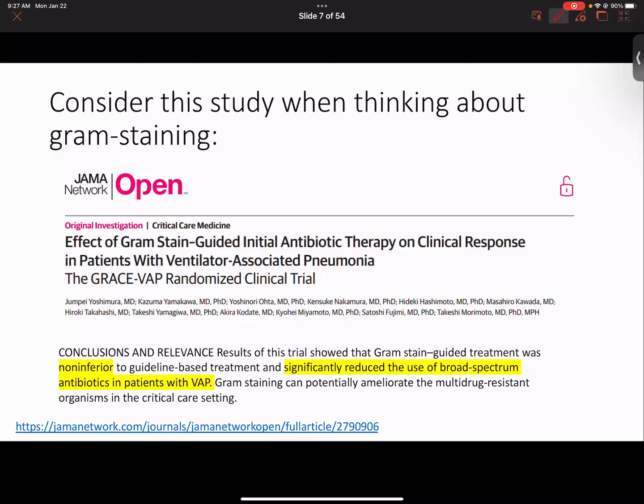I want you to think about one other concept when we look at a paper like this. Gosh, I'll tell you, if you don't have to use a drug like vancomycin in somebody, that's great. We don't want to give people vancomycin if we don't have to. If we don't have to load somebody up with anti-pseudomonal drugs, we don't want to do that. Right? It's great if we can decrease use.